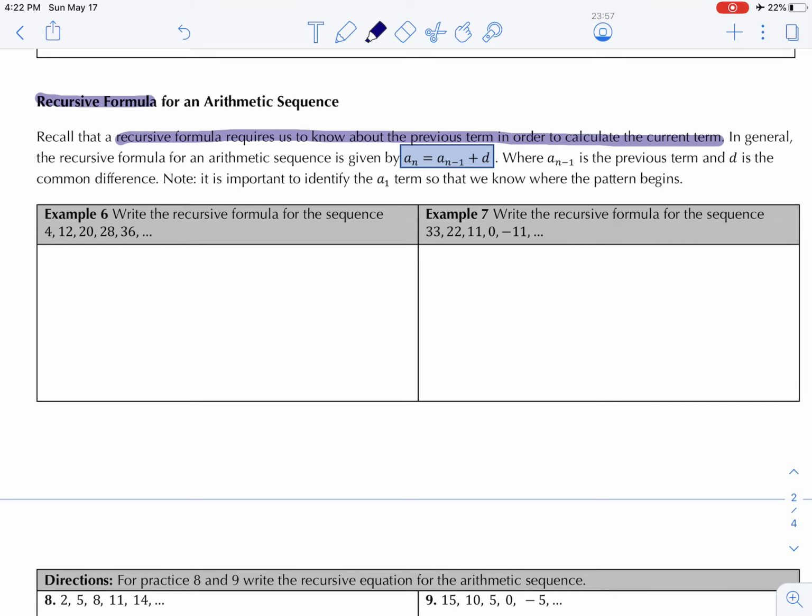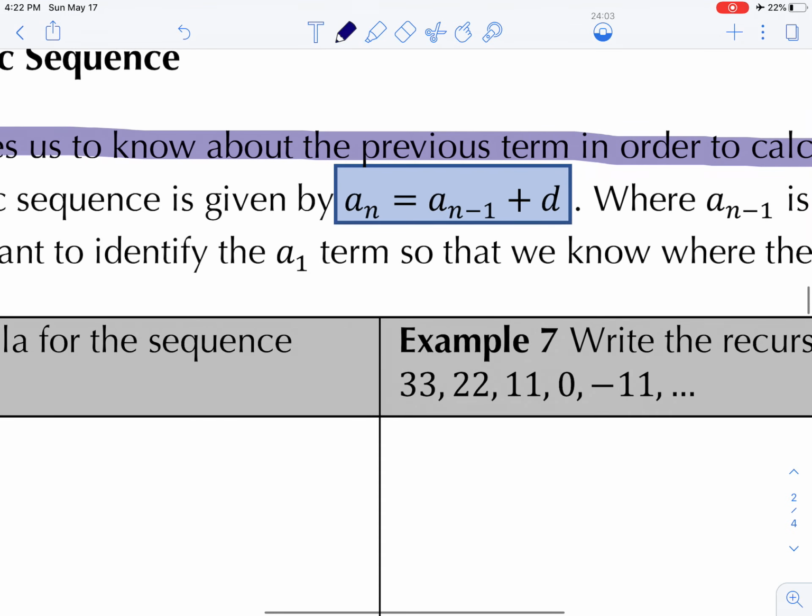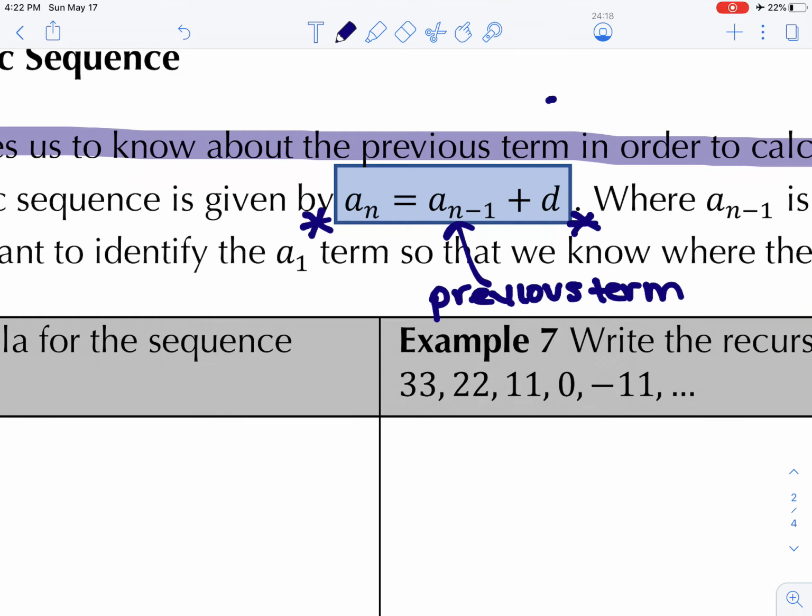In general, when we write a recursive formula for an arithmetic sequence, we're going to use this equation. It says in order to find our current term, we're going to take our last term, our previous term here, and add to that our common difference.